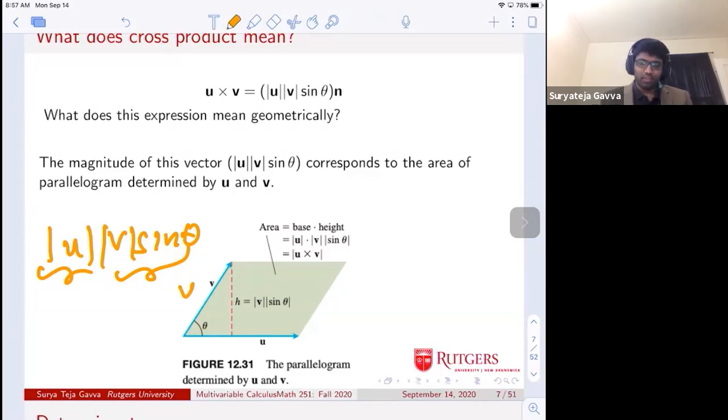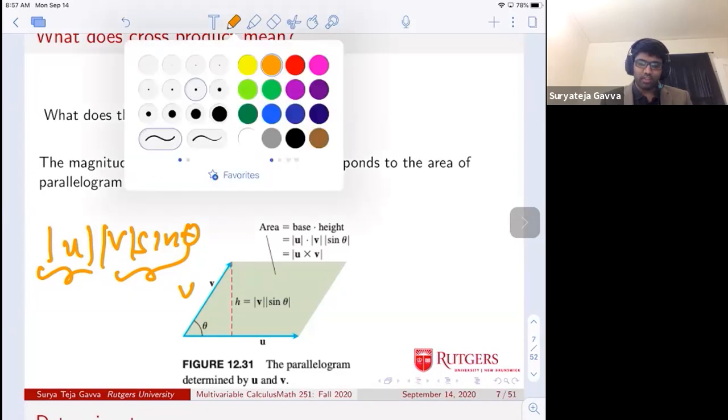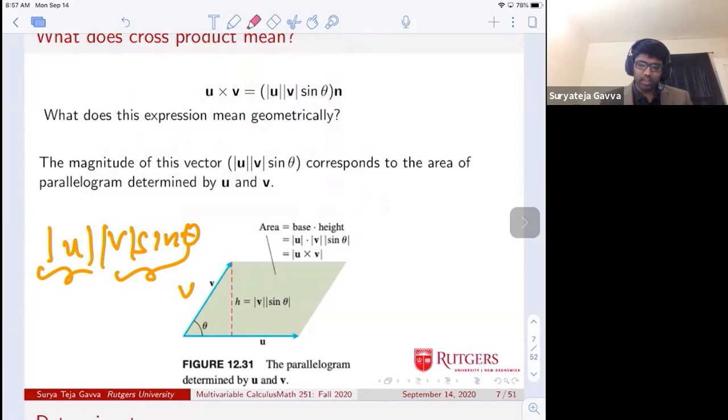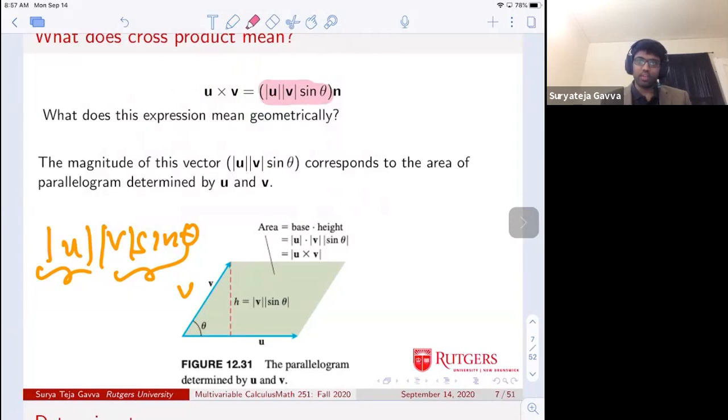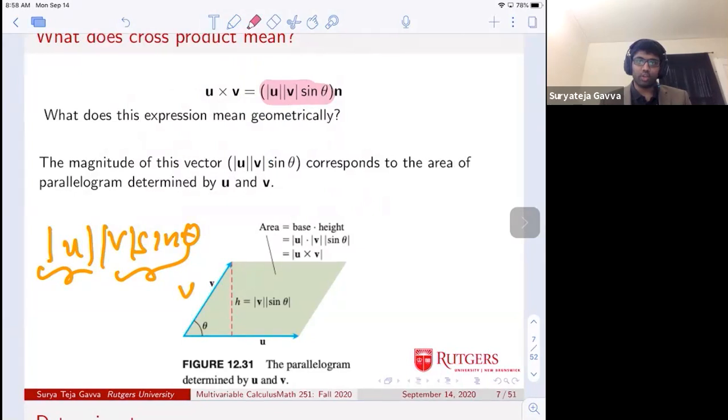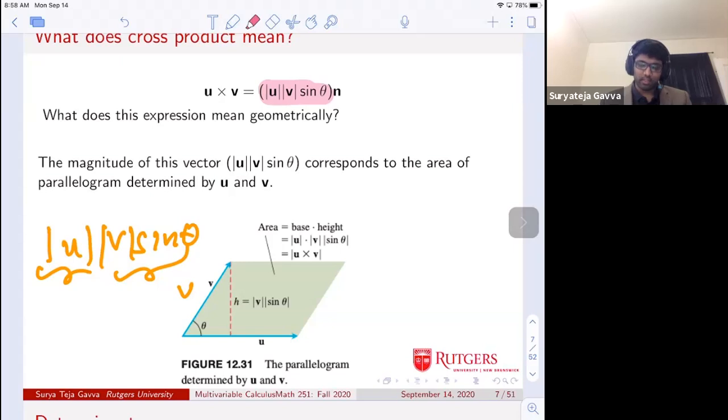So what does that mean? The number that we compute when we compute the cross product is the area of the parallelogram given by u and v. For any two vectors, the magnitude of the cross product is the area of the parallelogram containing those vectors.